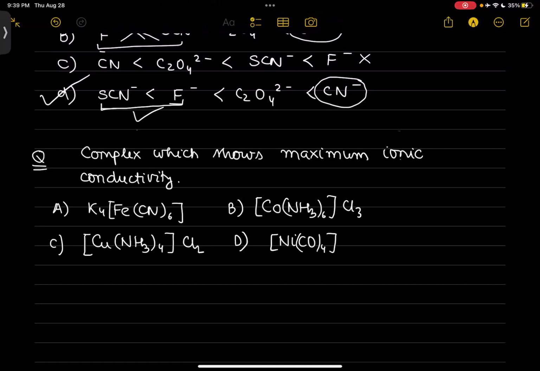So how are we going to do this problem? Maximum conductivity because of the ions.